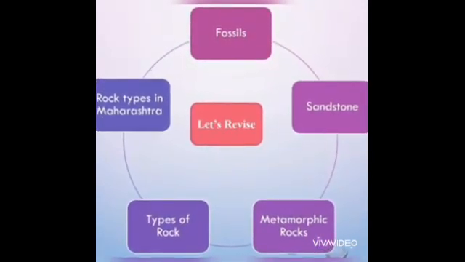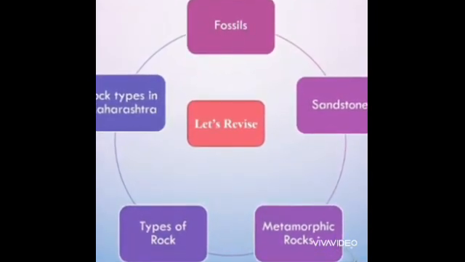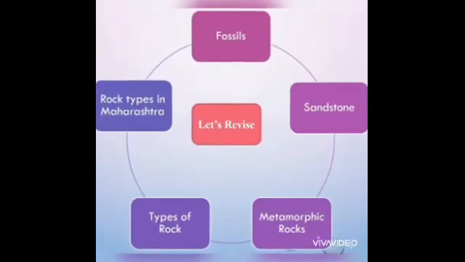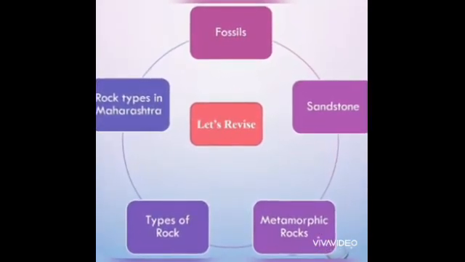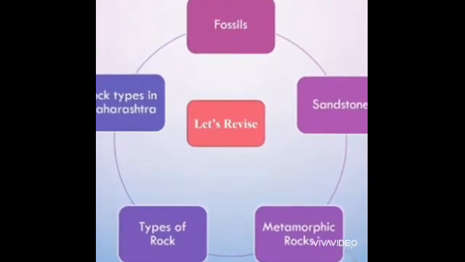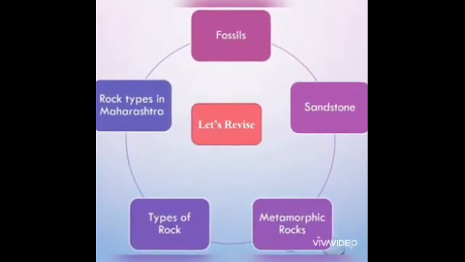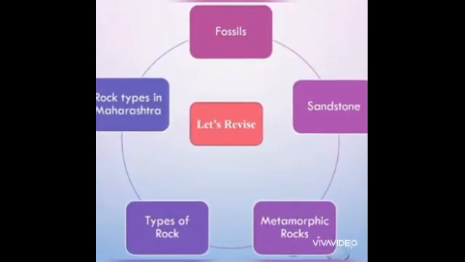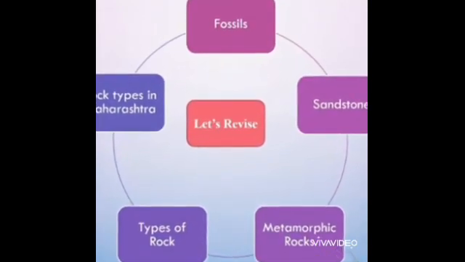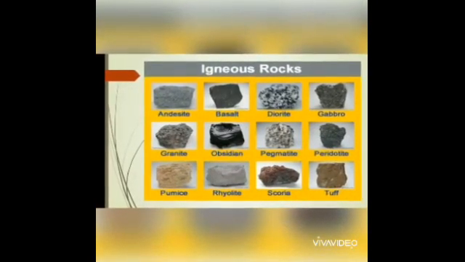Diamond is the metamorphic rock of coal. We also know about the marble that we find is from limestone, that is a sedimentary rock. Taj Mahal is made up of white marble, which was bought from Bedaghat area in Madhya Pradesh.